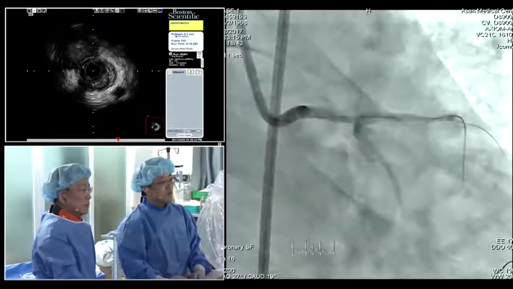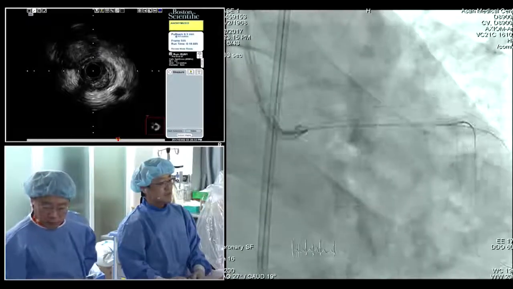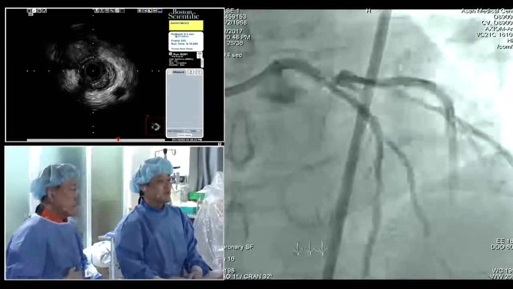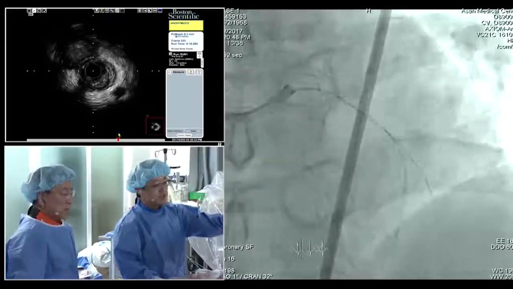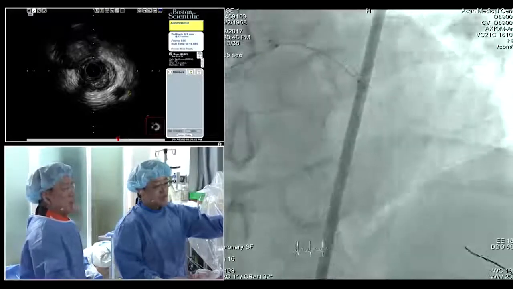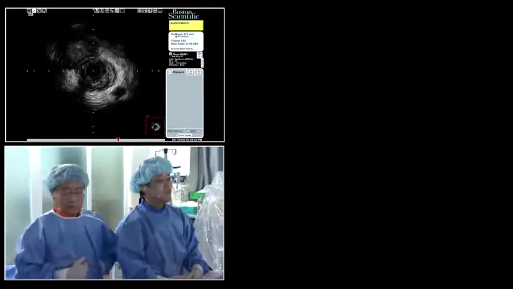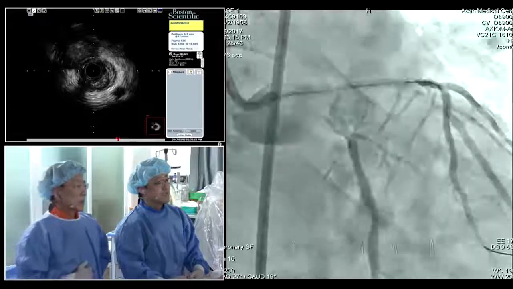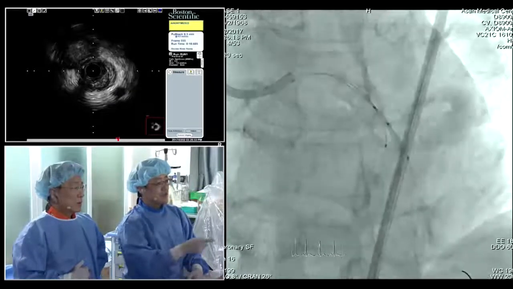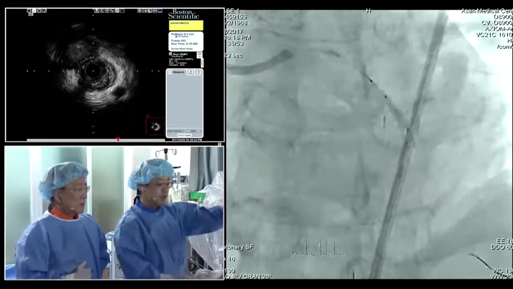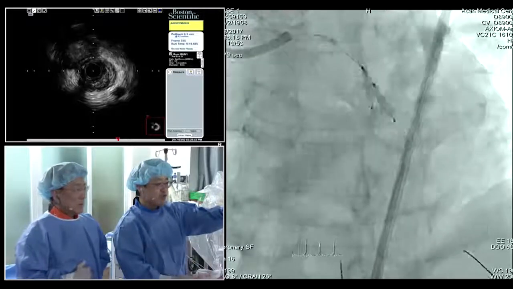Slowly. Okay. Would you show the previous one? Okay, previous view. We can find the distal part of the mid-LAD bifurcation lesion. We can see that there is definitely disease. Next. And then previously we put a 2.5 stent in the distal part of the LAD.